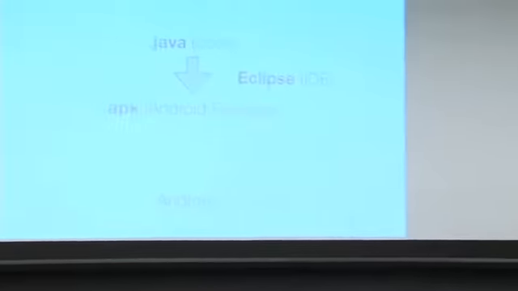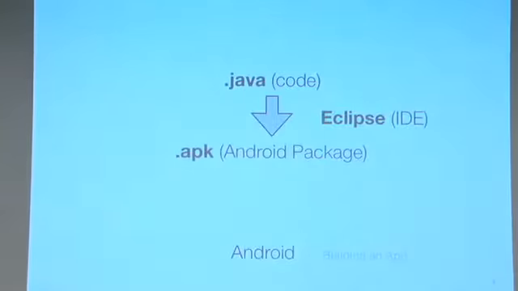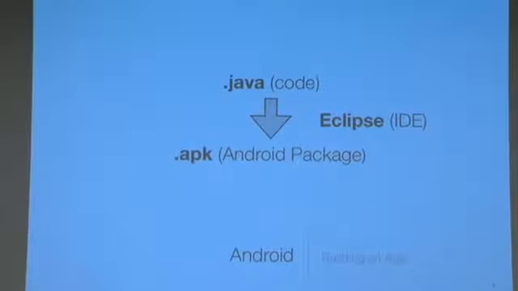Now, rather than having to download Xcode, which is what you will use when developing applications for iOS, we will be using another IDE called Eclipse. And Eclipse has nothing to do really with Google, or at least not directly related to Google, but Google has made available an Android plugin that allows you to use this Eclipse software to develop your applications for Android.